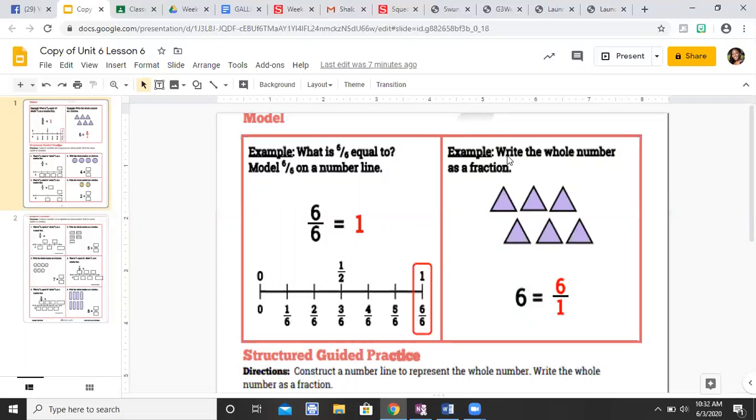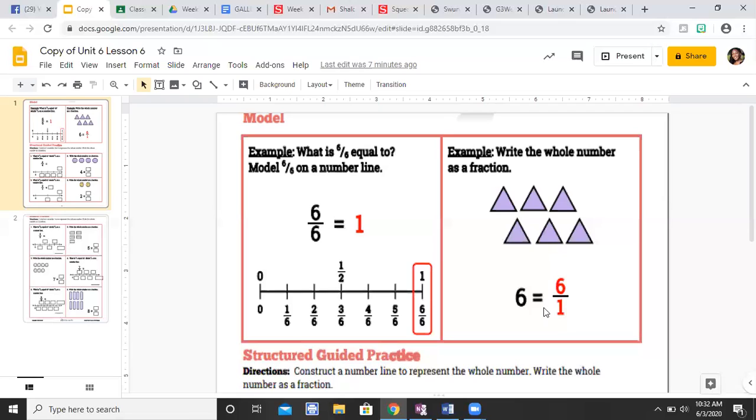In this example, it says write the whole number as a fraction. So here we see 6 completely shaded triangles. So we know that our numerator, or our top number, is going to be 6.